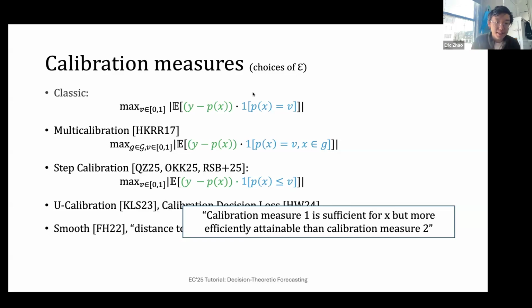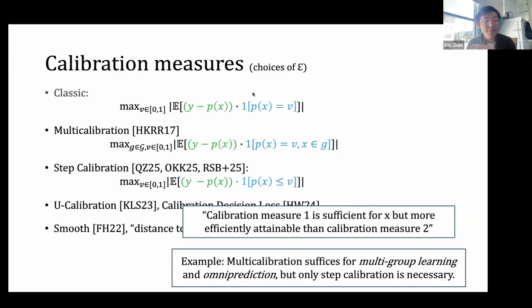So it's a nice thing to study and understand. A very good example is that multi-calibration suffices for multi-group learning and omni-prediction, but it's polynomially more expensive to obtain in the worst case than step calibration. And step calibration is nice because it suffices as well for these downstream applications.